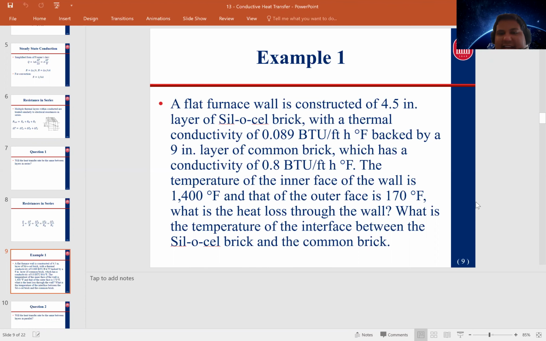If the temperature of the inner surface of the wall is 1400 degrees Fahrenheit and that of the outer face is 170 degrees Fahrenheit, what is the estimated heat loss through the wall, as well as the temperature at the interface between the silane brick and the common brick? So I'll give you guys a minute to jot this down.